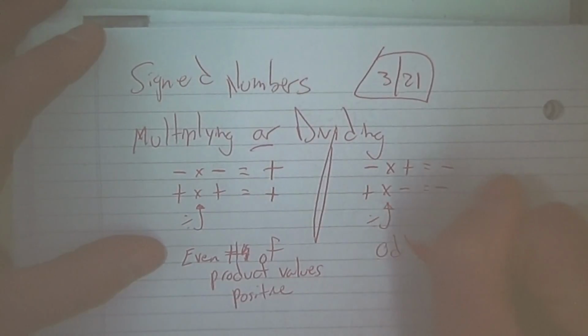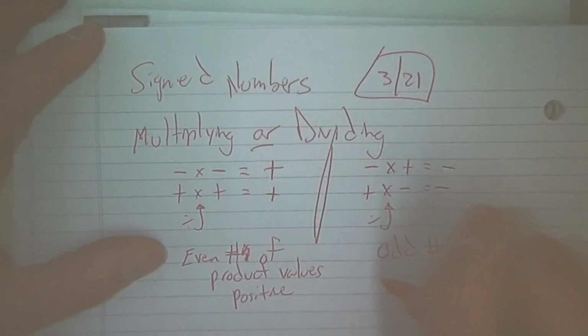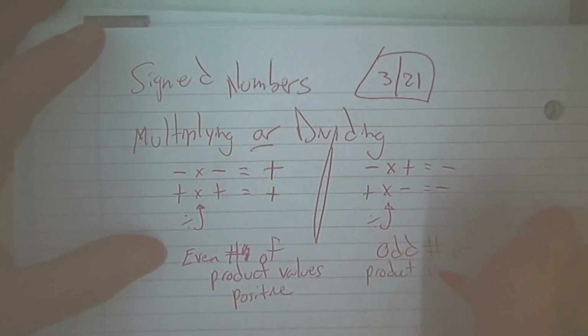If you have an odd number of, now I would say, product inputs, how about that? Inputs.